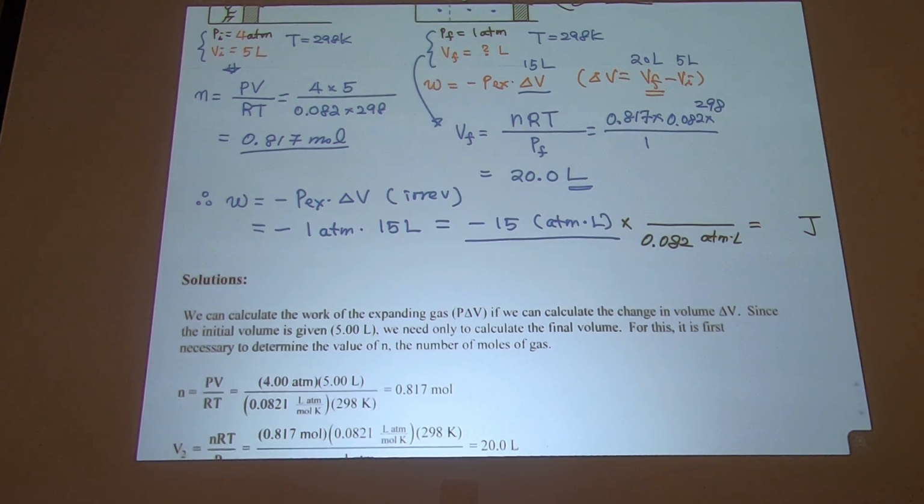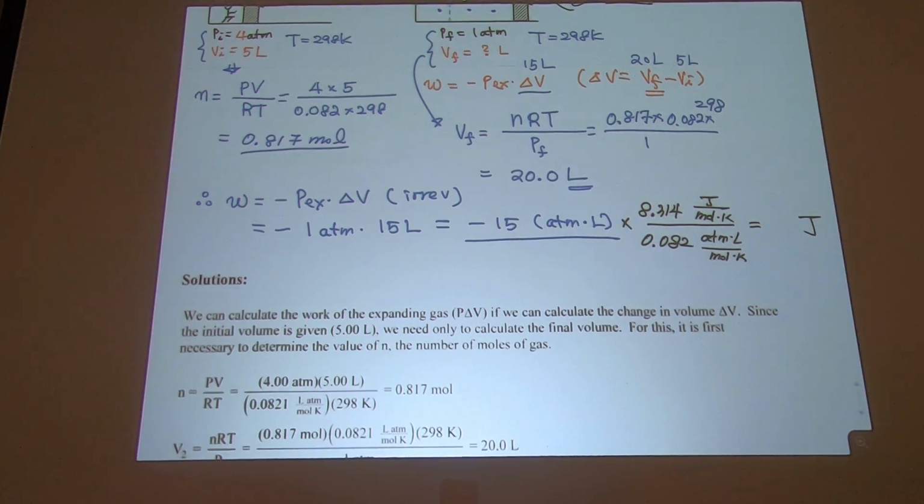So I'm just retaining this. This R quantity is the same as 8.314 joule per mole Kelvin. This is the same quantity up and down, right?